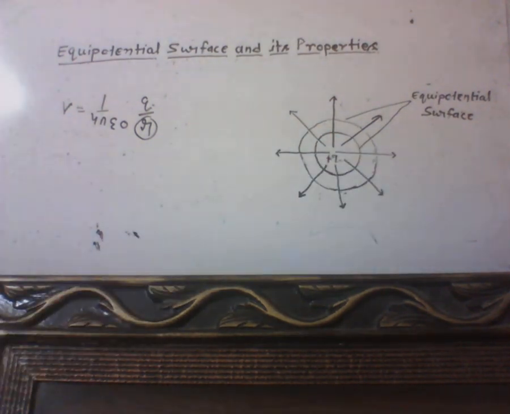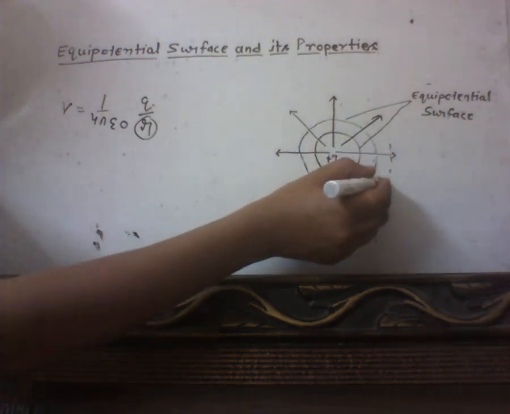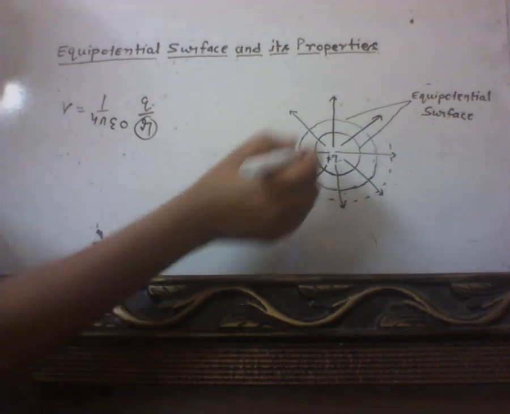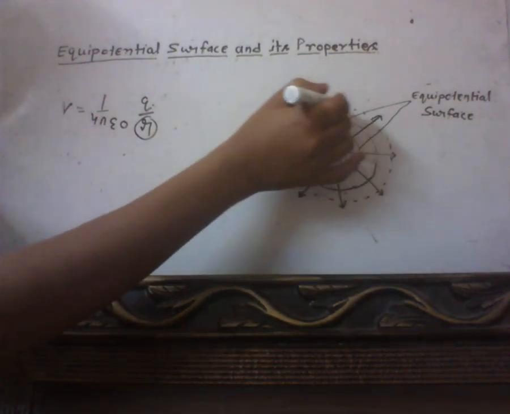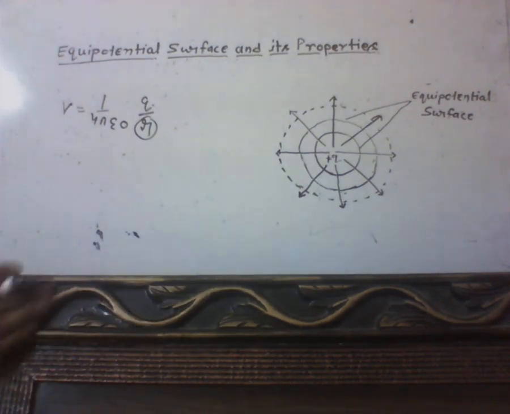So this is called an equipotential surface, or we can say all spheres centered on plus q are equipotential surfaces. Suppose we draw another sphere. All the points on this sphere are also equipotential.